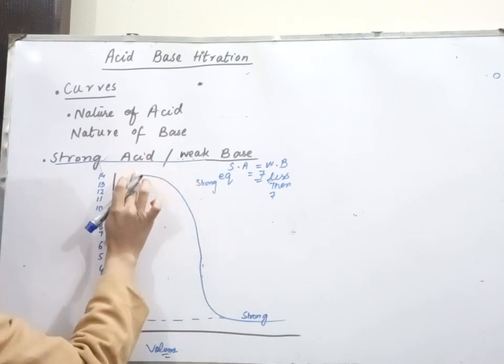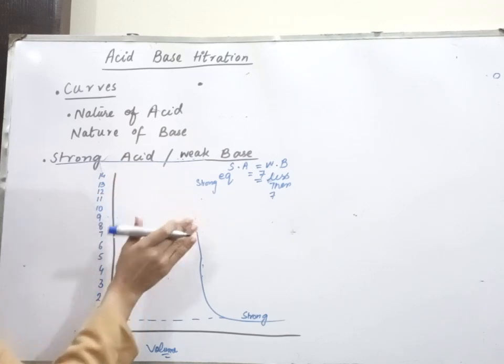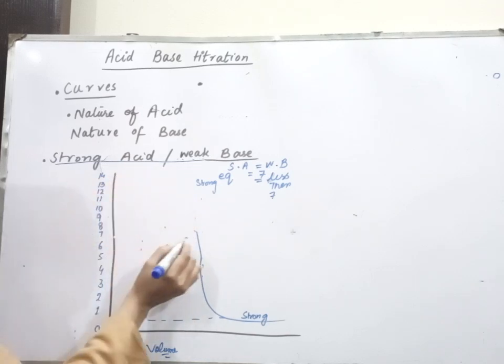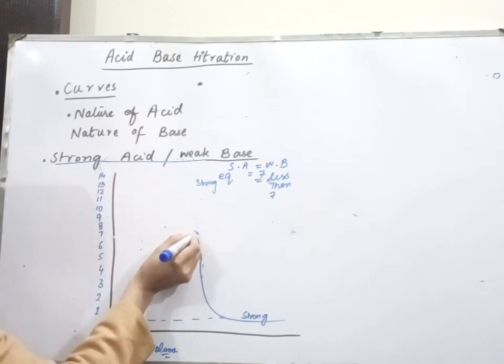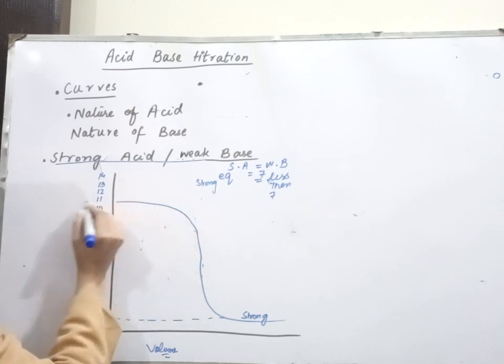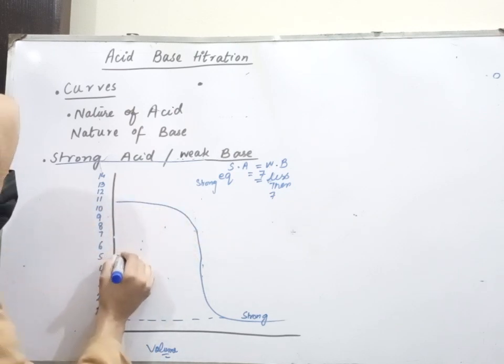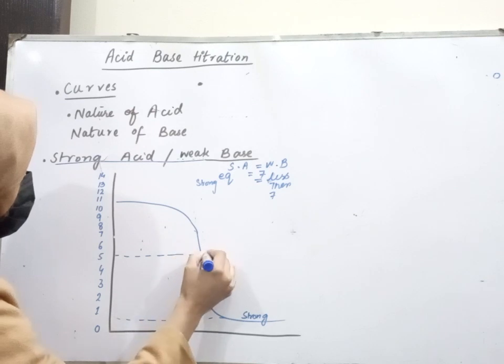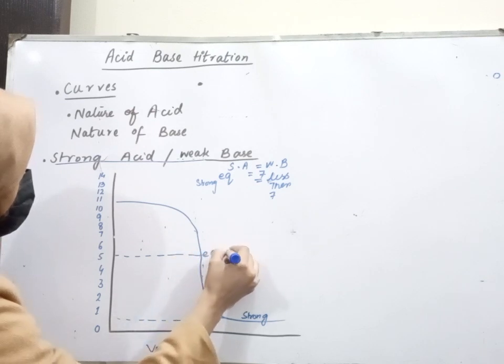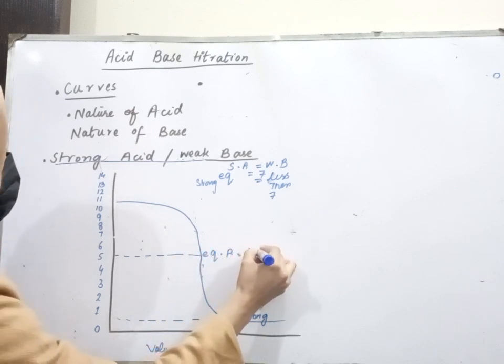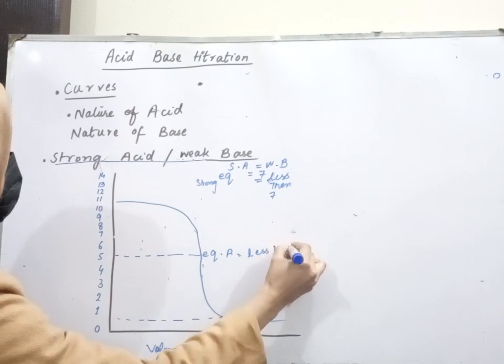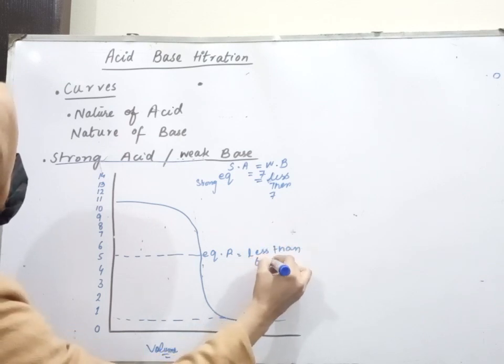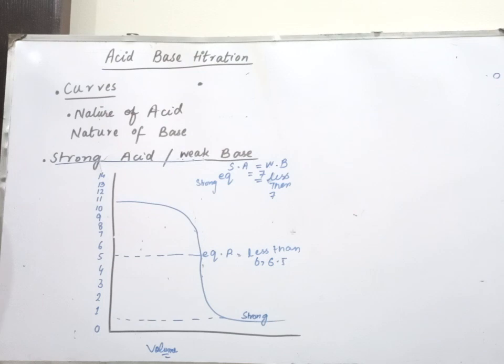For the weak base it will not move to 14, it will move to approximately 13 or 12 like this, and this will be the equivalence point, less than 7. It may be 6, 6.5 or anything else.